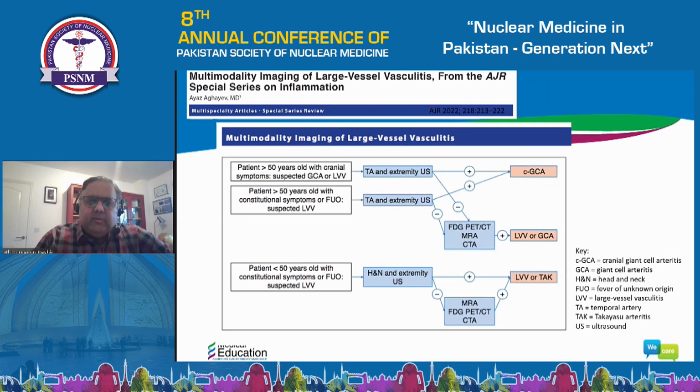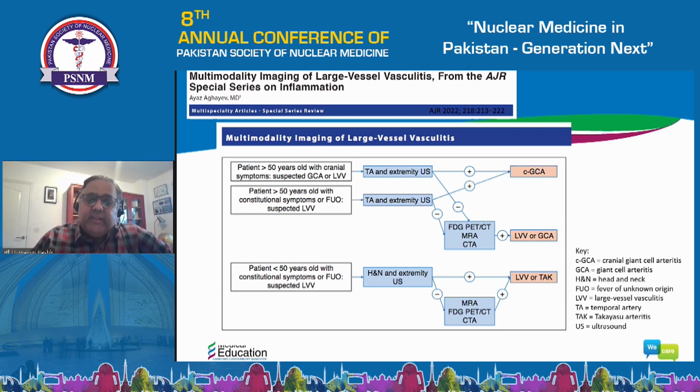Now, this is a schema to work up a patient for large vessel vasculitis. At the top, you can see a patient over the age of 50 years with cranial symptoms. The first thing is to have a temporal artery and extremity ultrasound. If that's positive, giving you the halo sign and peculiar features of vasculitis, you go towards the diagnosis.